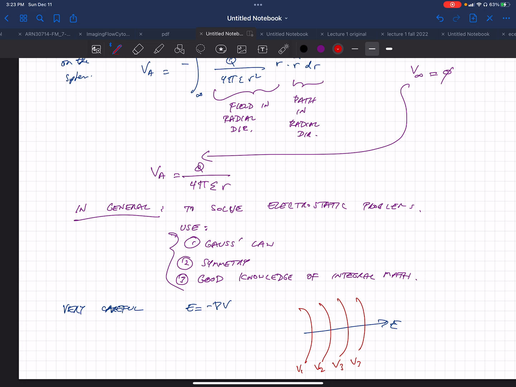It comes with the math, but just a reminder that this is always the case: when you have lines of equal potential, the electric field is always pointing perpendicular to those equal potential lines.